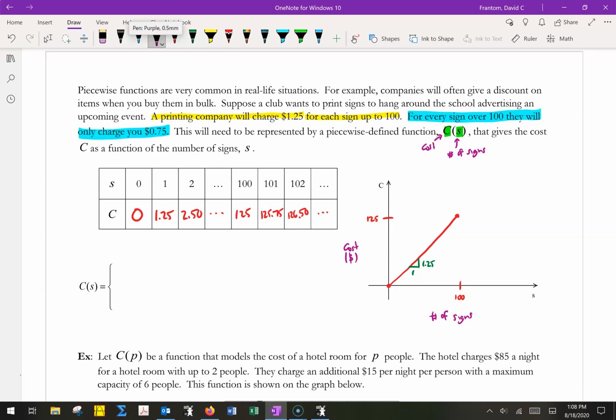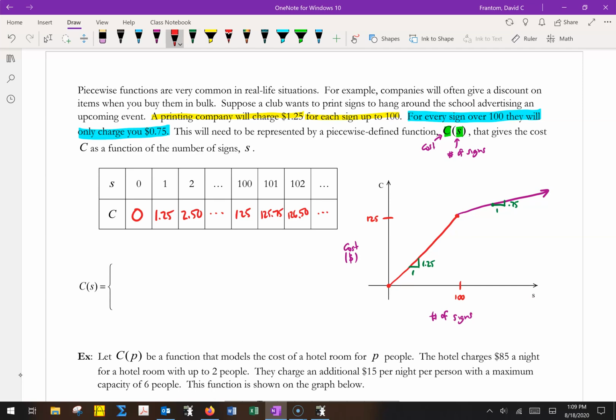However, once you hit past 100, notice now it's only going up by 75 cents, so the line is less steep. So now, if you go over 1, you're only going up 0.75.